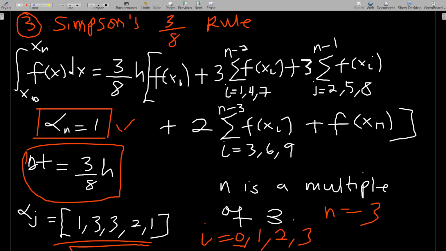So when i equals 0, alpha naught will be the coefficient of f of x naught, and that is 1. So we pick this.